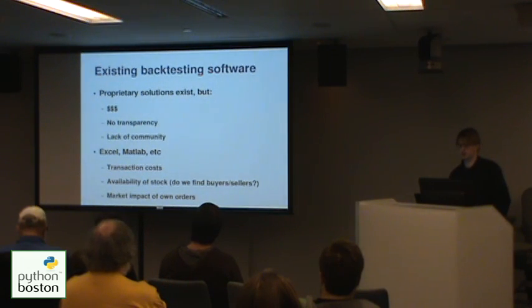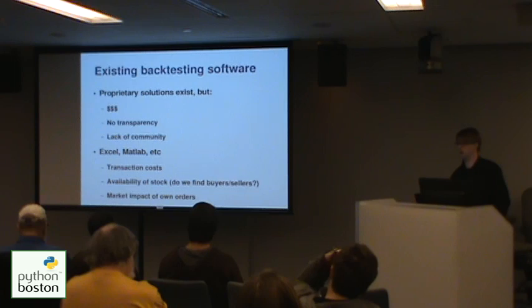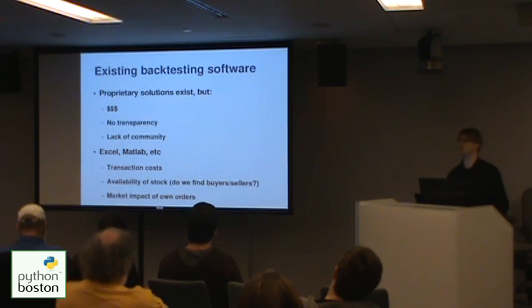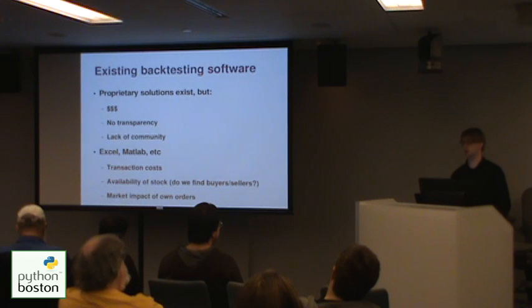And certainly a lot of people do financial analysis and some sort of group backtesting using Excel and MATLAB. You can get some way with that, but it's very easy to miss a lot of the complexities that actually come into play, such as the transaction costs involved, or actually, can you buy a stock at a certain time point?